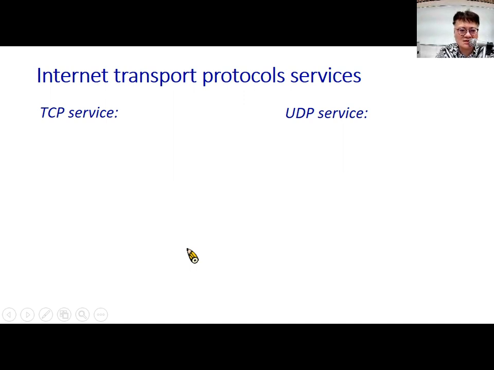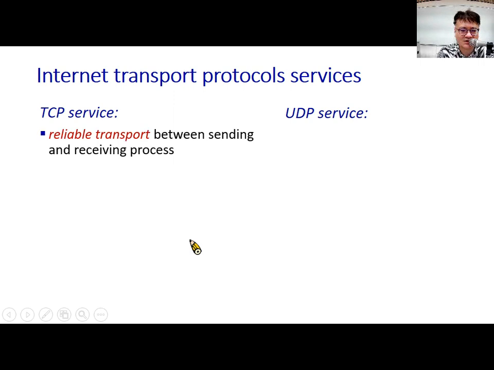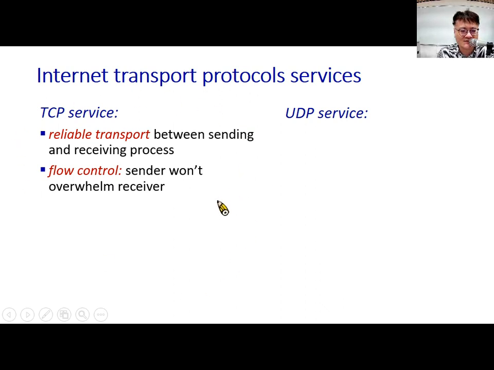In the Internet transport protocol services, we can define two kinds of services, TCP and UDP. The TCP is a reliable transport layer between the sending and the receiving process. Flow control: we need to consider the buffer in TCP, so the sender won't overwhelm the receiver.